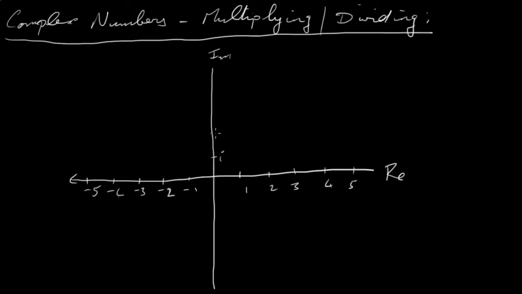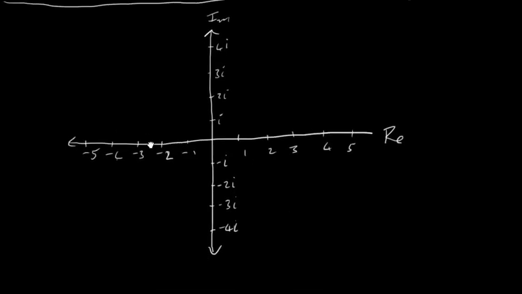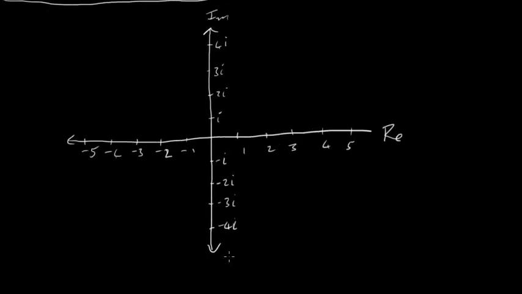Here we've got i, 2i, 3i, 4i, and then along here we're going to end up with -i, -2i, -3i, -4i, and so on. So let's have a look at some complex numbers, and we'll just multiply them by i and minus i.